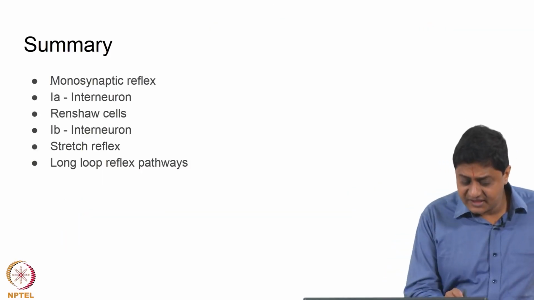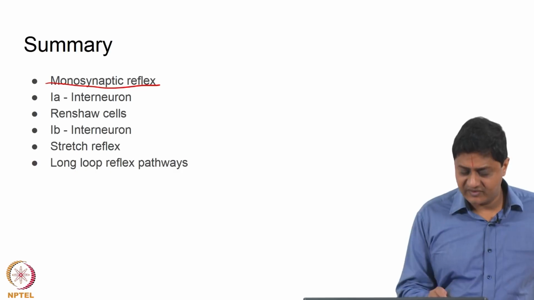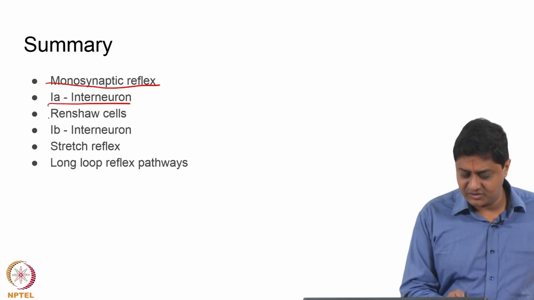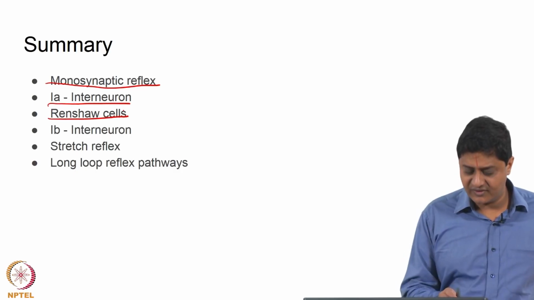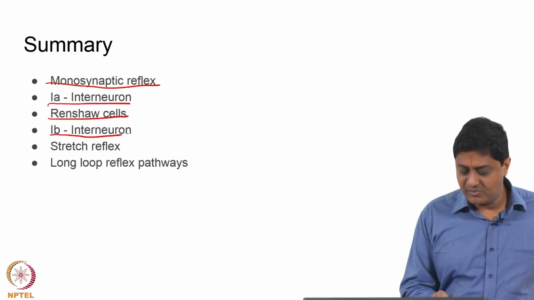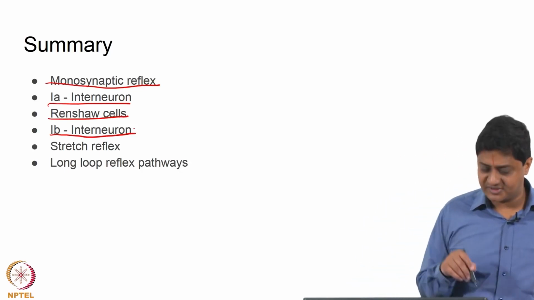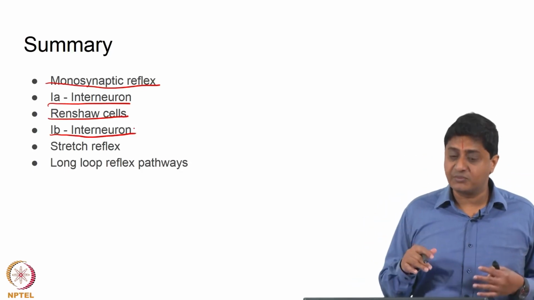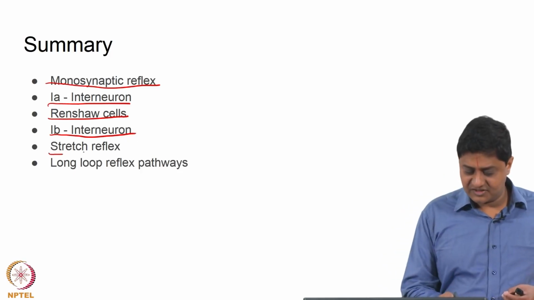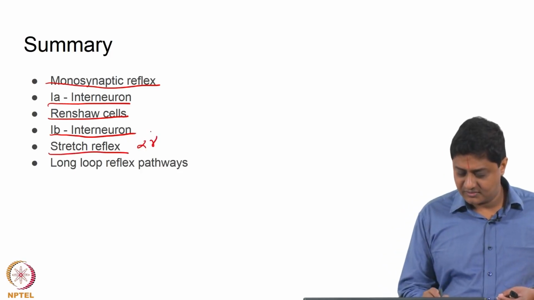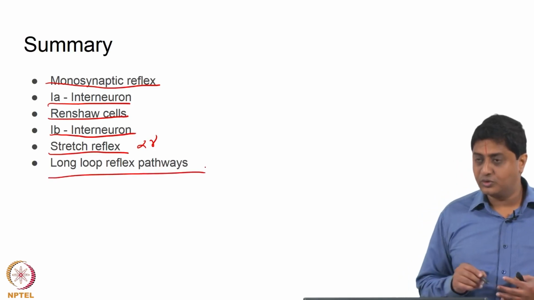So, in summary, we have seen the monosynaptic reflex, we have reviewed that, we have seen the case of the 1A interneuron, we have reviewed the case of Renshaw cells, the inhibitory interneuron, and the 1B interneuron that causes inhibition of the homonymous muscle and also receives inputs from multiple sites, the case of stretch reflex and alpha gamma coactivation and long loop reflex pathways.